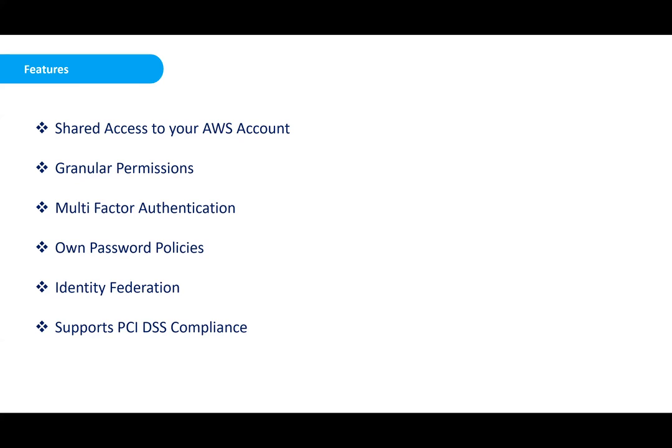The root user is the account owner. Account owner means he will have full permissions on your Amazon account. Instead of full permissions, I can use a term like unrestricted access on your AWS account. That is the advantage of the root user.